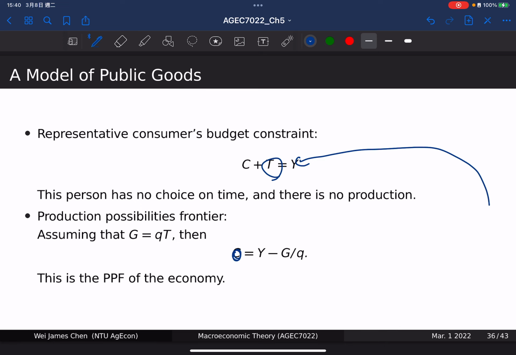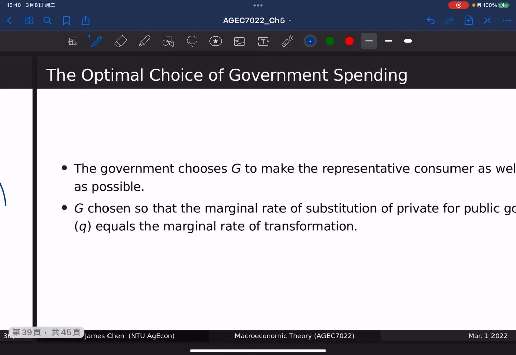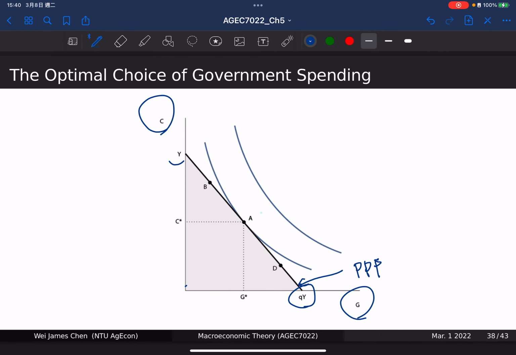When C is 0, Y is G divided by Q, that is, G is Q times Y. And when G is 0, C obviously equals Y. And when C is 0, G equals Q times Y. So the slope here is QY over Y, which is Q, 1 over Q, right?